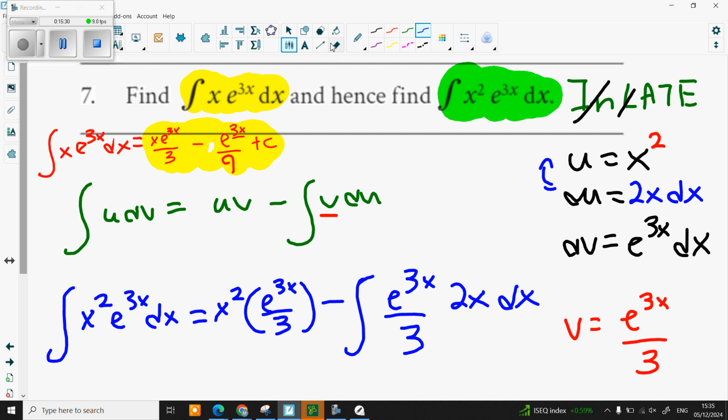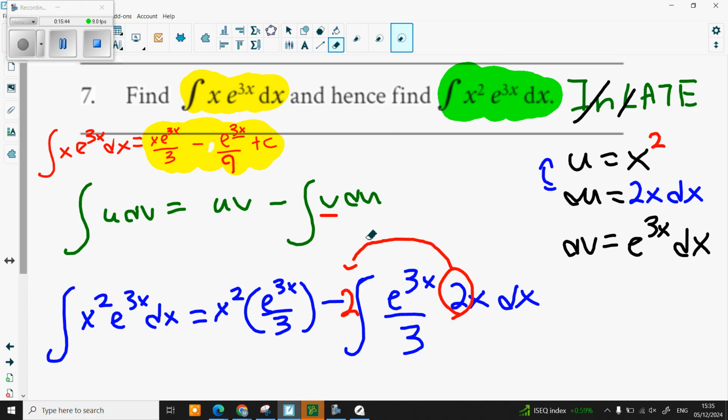2x dx, okay? Now here's the trick. See that 2? See this 2 here? If I was to take that out and plonk it on the outside, what happens to the whole thing then? What does it resemble? It's the same as the yellow one, isn't it?